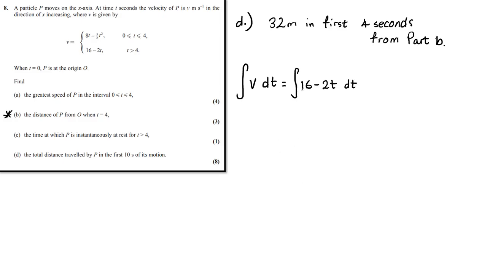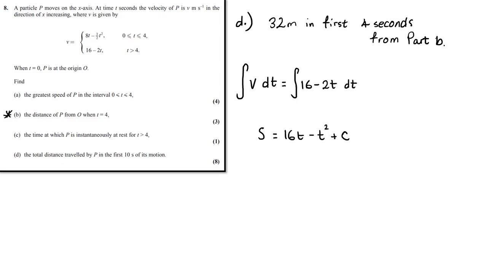So here I would get 16t. So s is equal to 16t, then minus 2t squared over 2, so that would give me minus t squared. And again, we do need the constant of integration here because we have no limits. That's going to be plus c there.